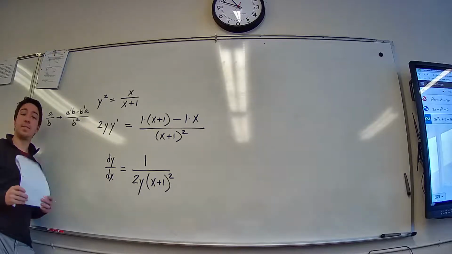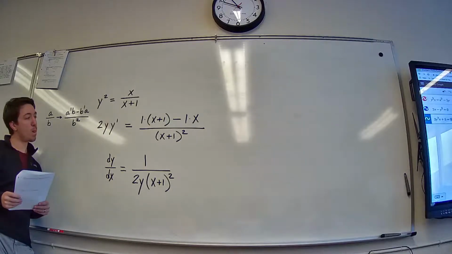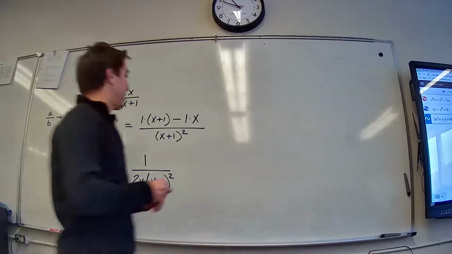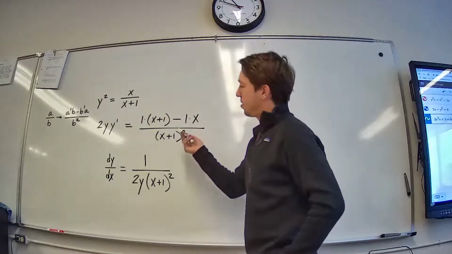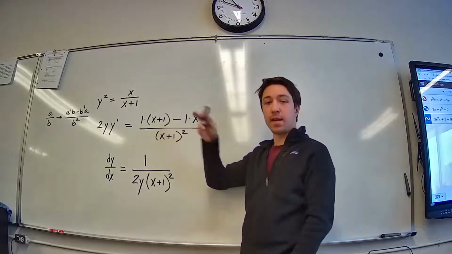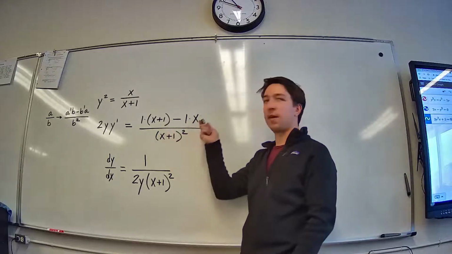Why don't you cancel out that, just take away that exponent on top? That's not going to be okay, because if I divided that by x plus 1 and canceled it out, then I'd have to also divide that one.